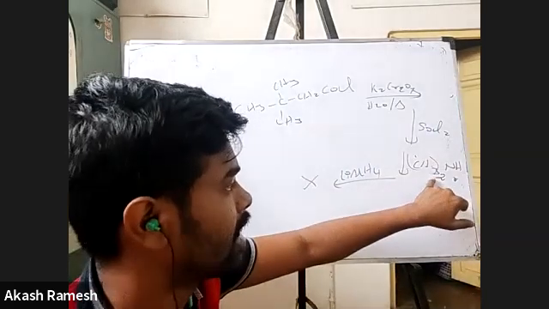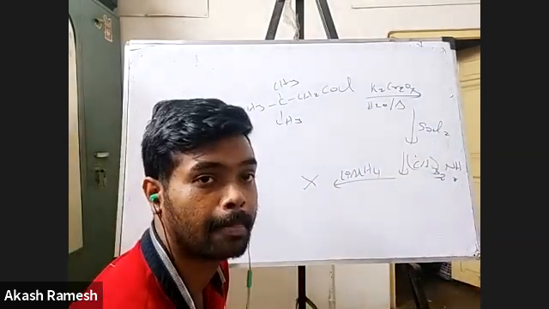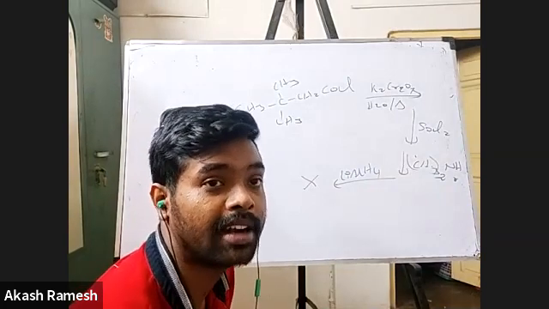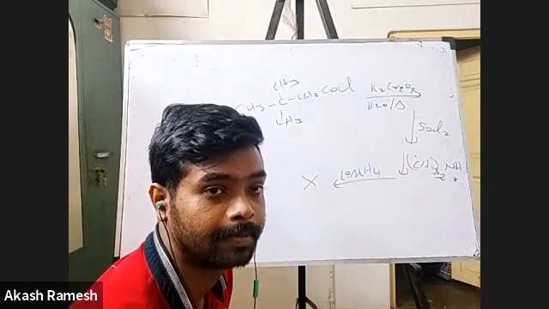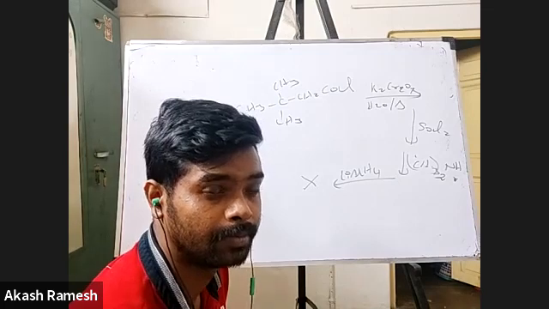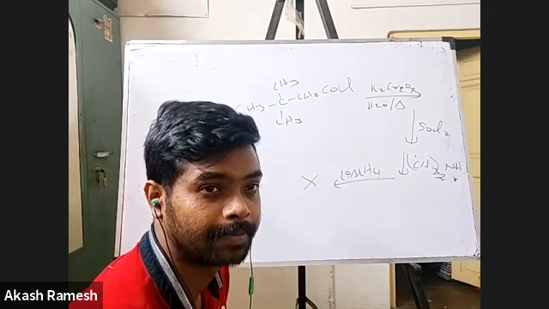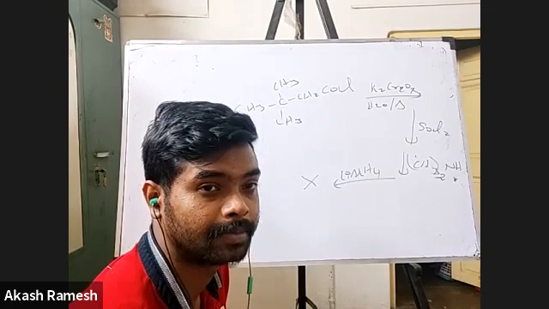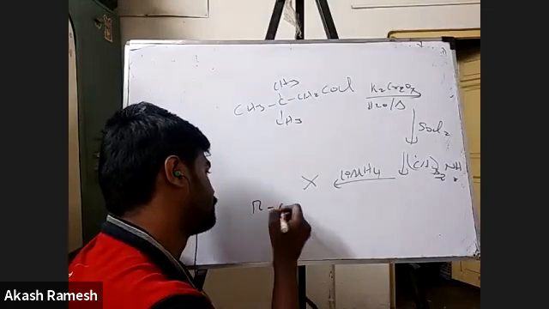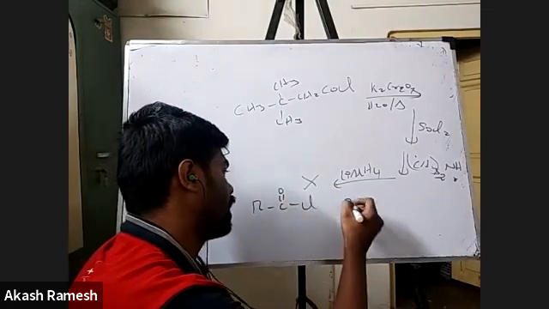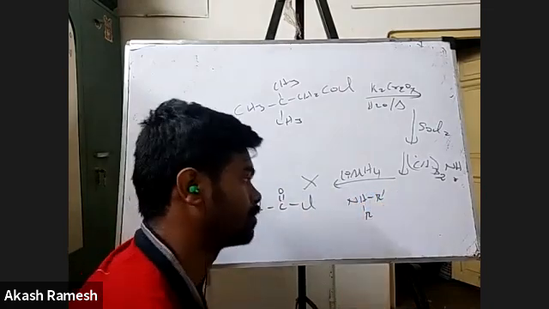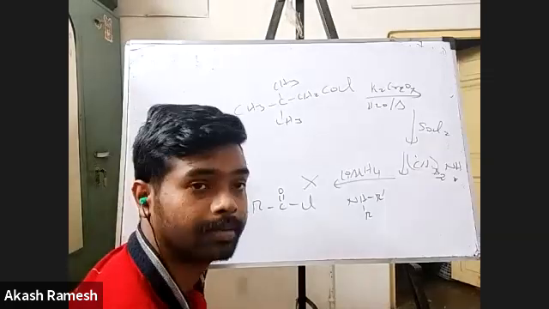Now, what will happen when acid chlorides react with secondary amines? When you have RCOCl and I put NHR dash, whatever it is, what will be the product?